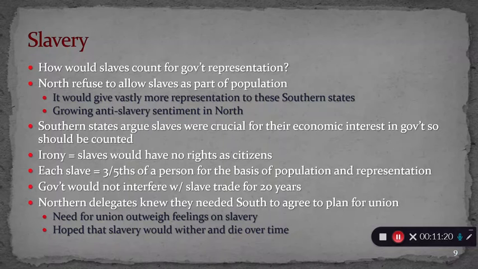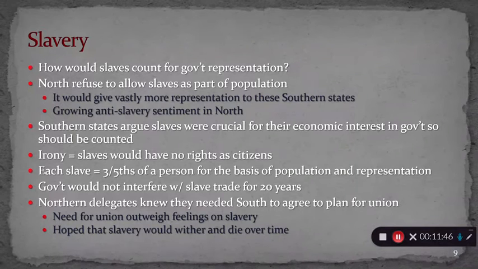Well, here again, this threatens to potentially break apart the Constitutional Convention, because southern states dig in their heels and they say, we will get enslaved people counted as part of our representation. Northern states dig in their heels and they say, no, you certainly won't.